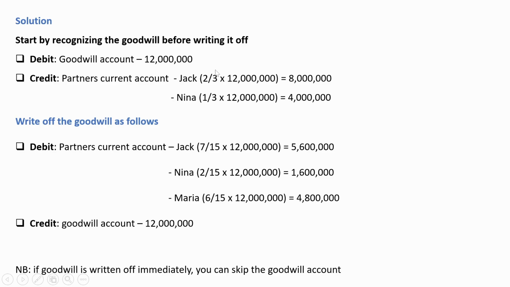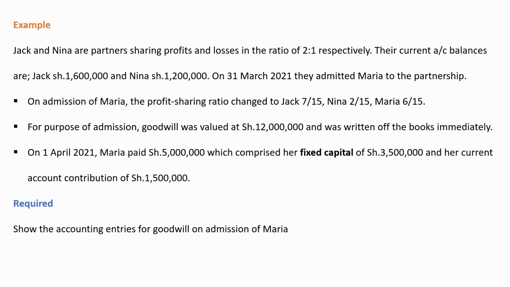So now that we have determined the amounts we are going to debit and credit, let us now record them in the current account. So when you go to the current account, we are supposed to start with the opening balances. And the opening balances are given in the question. So you are told here their current account balances. That is the current account balances of Jack and Nina.